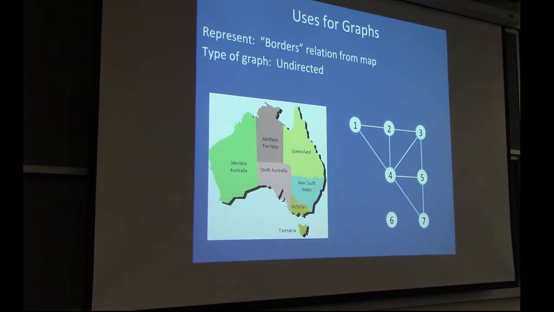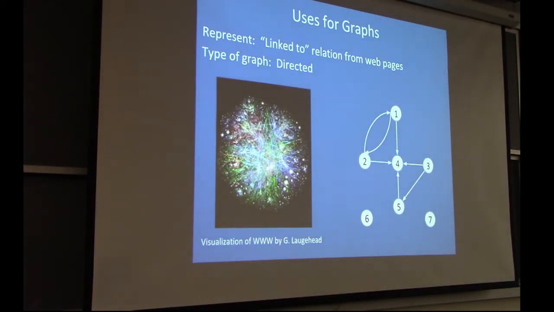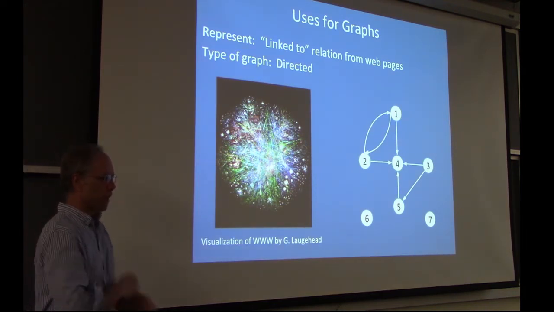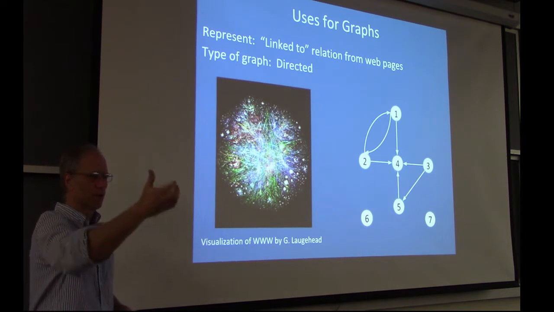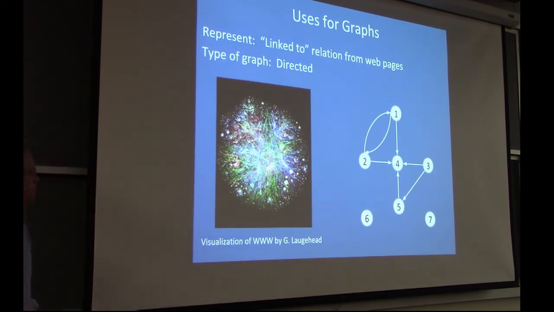If one state borders another, then vice versa. But here, the edges are directed. So this is an example of a directed graph. One web page can reference another, have a link to another, but not vice versa. So what artifacts do you see when you look at that graph of the web? What are the bright spots?